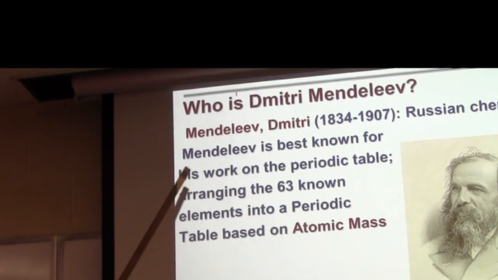So Dmitri Mendeleev came up with a table with 63 known elements and arranged them on the basis of atomic mass. We didn't know about atomic number at that time, only atomic mass. So he got a table with 8 groups.